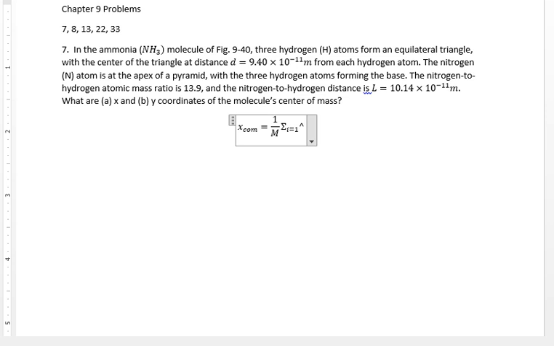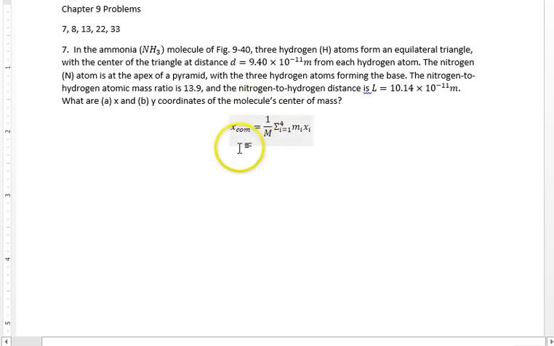We have 4 masses, each mass times its x position. So we're looking at 1 over the total mass of the molecule times the sum of the weighted positions of each atom in the molecule.